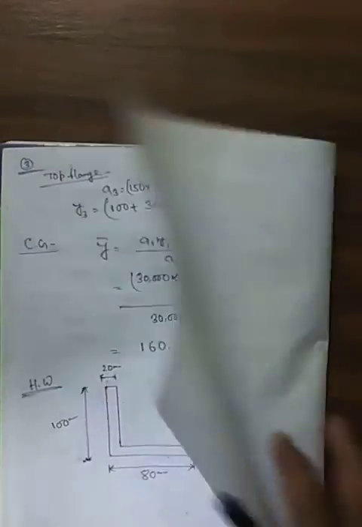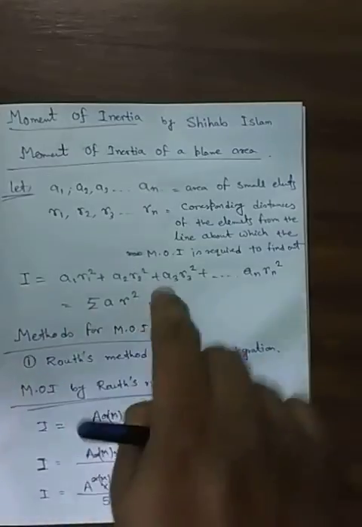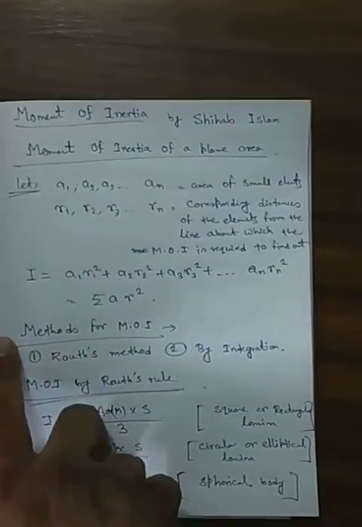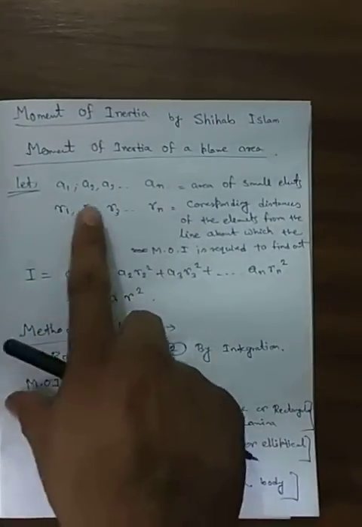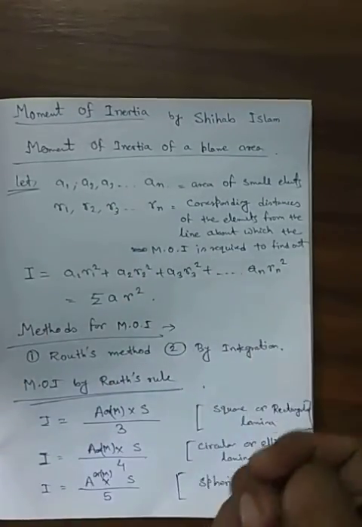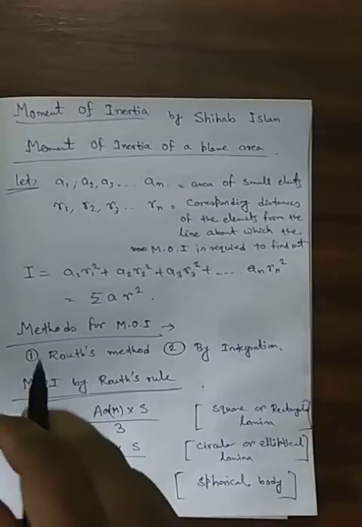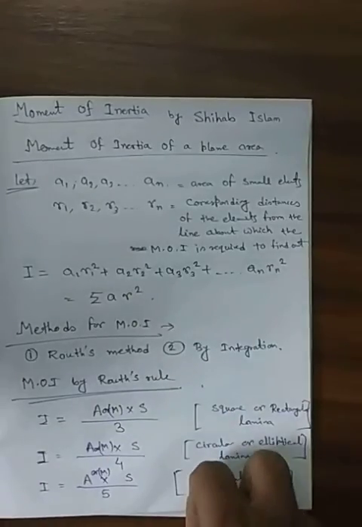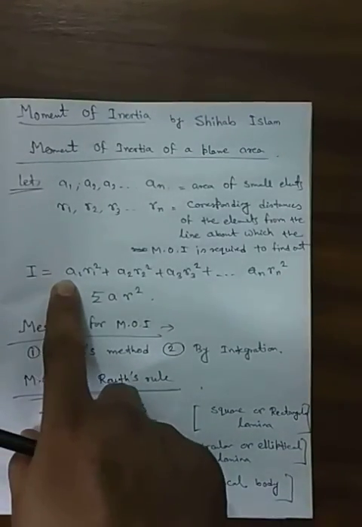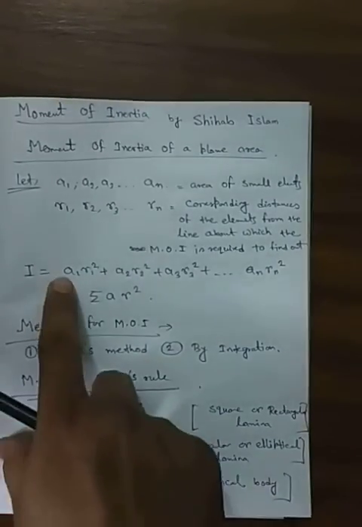Now move on to integration. This is very similar to the moment of inertia calculation I did earlier: divide the area into various small parts A1, A2, A3, calculate the corresponding distances of the elements from the line about which the moment of inertia is required, R1, R2, R3 and so on, and represent it as area into perpendicular distance square.